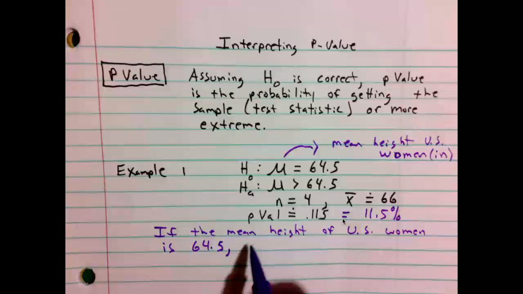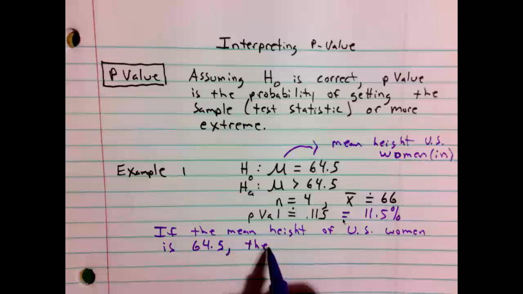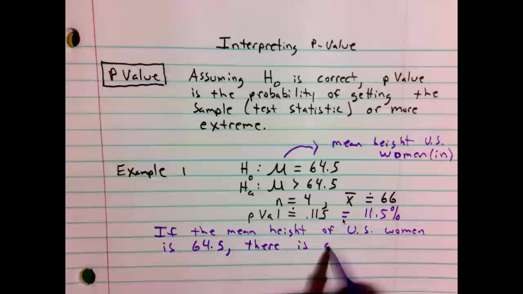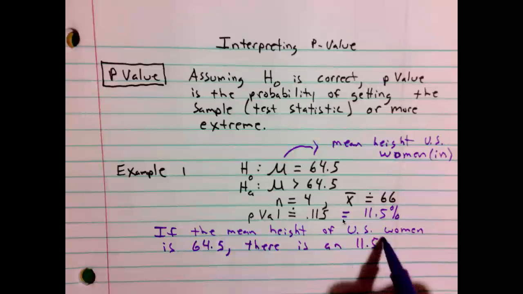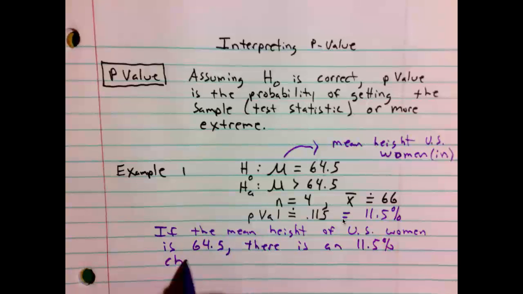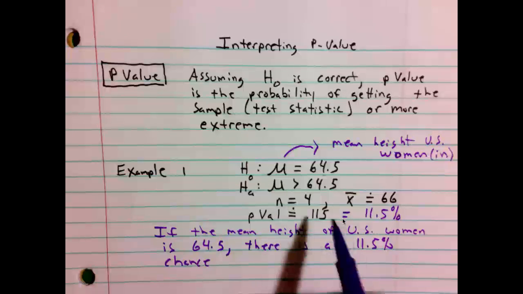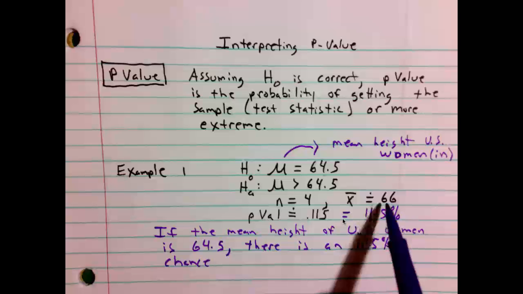So I would say there is an 11.5% chance of getting our sample. That is a sample of size 4 with a mean of 66.